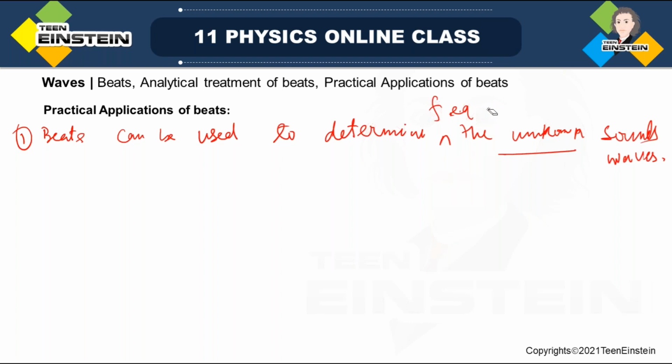To determine the unknown frequency, you should have two tuning forks that can produce sound waves of slightly different frequencies.